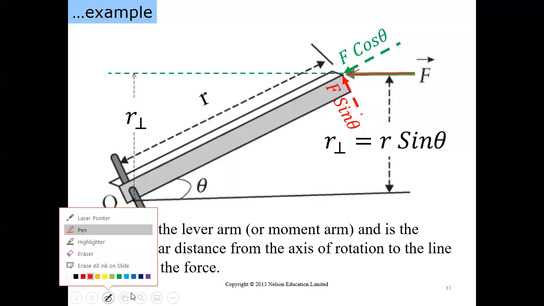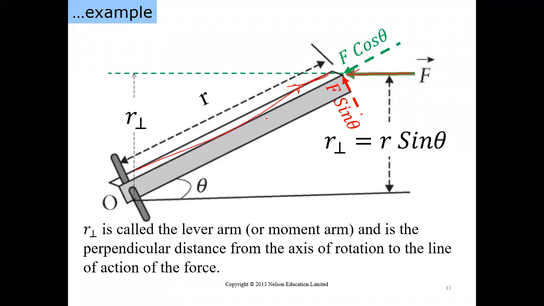According to the definition of the torque, this is your R multiplied by the perpendicular component. So if this is the original force, the perpendicular component will be this, which is F sine theta, because this angle is theta. If this is theta, that angle between R and F is theta.